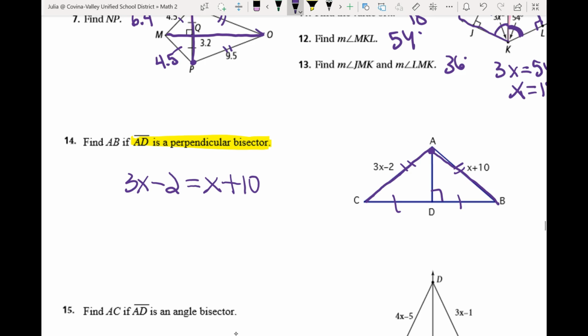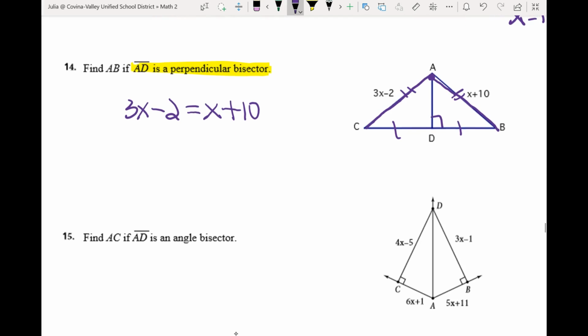It's not asking for x. Did you get x equals 6? Yeah. And then AB would end up equaling 16.